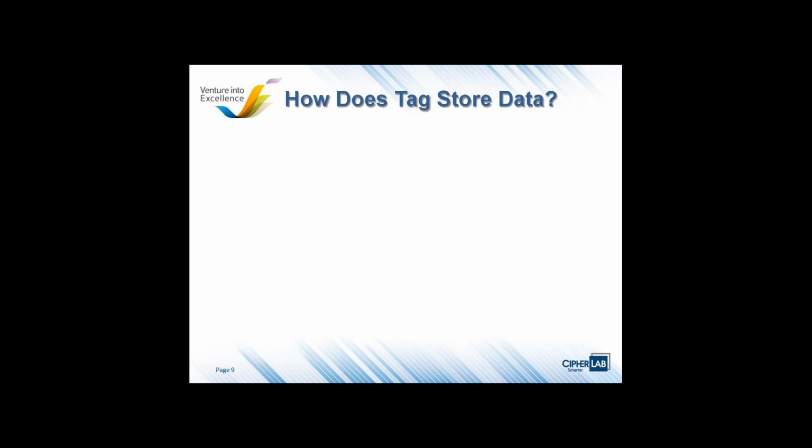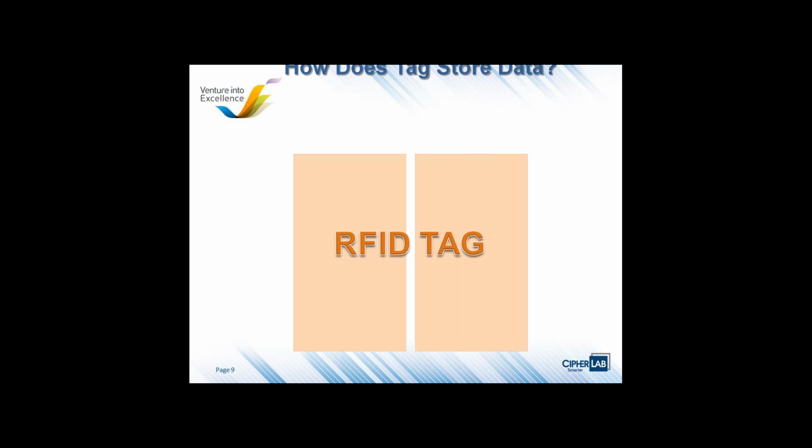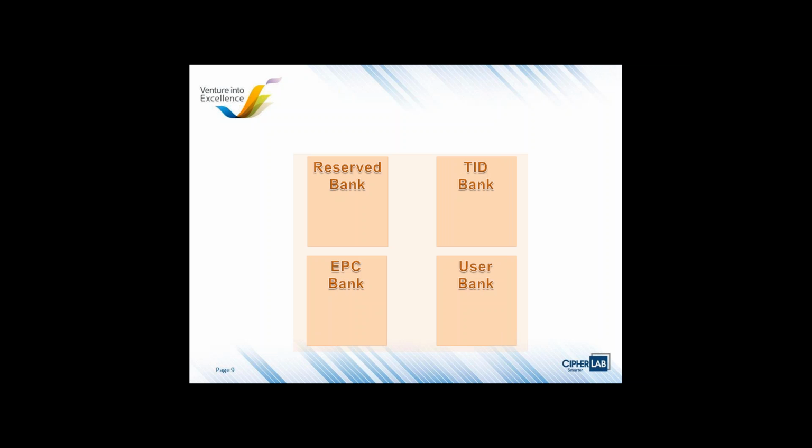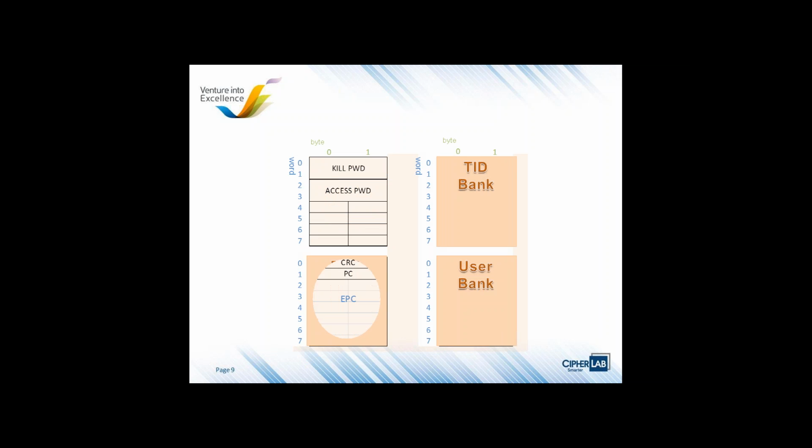And next, I would like to tell you how a tag stores data. About this slide, I would like to introduce tag memory. The tag memory is divided into 4 areas. The first bank is reserved memory. Let us take a look at the detail.